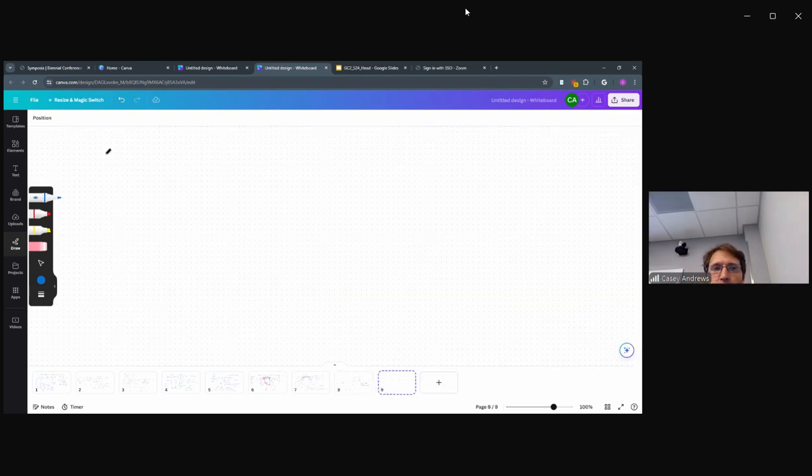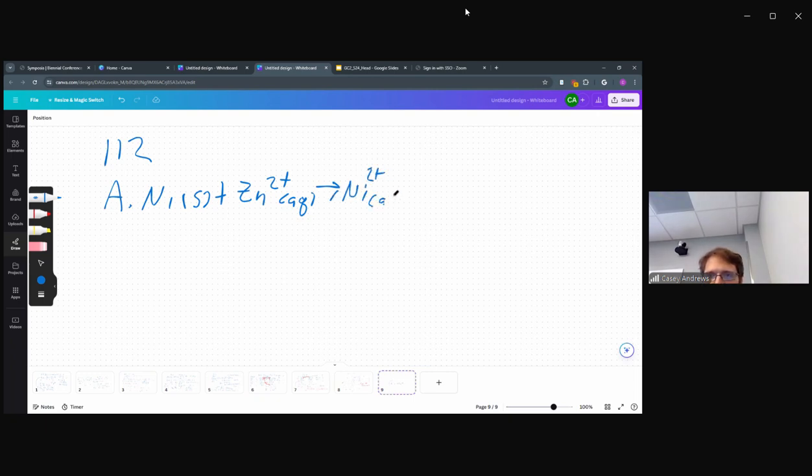Let me just walk through problem 112 really quickly. So we have nickel solid plus zinc 2+ aqueous goes to nickel 2+ aqueous plus zinc solid.